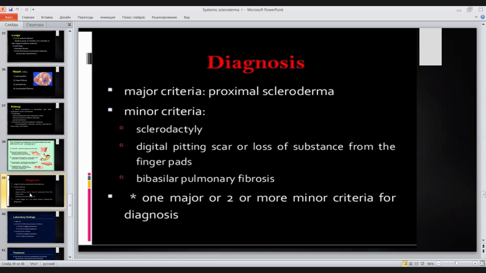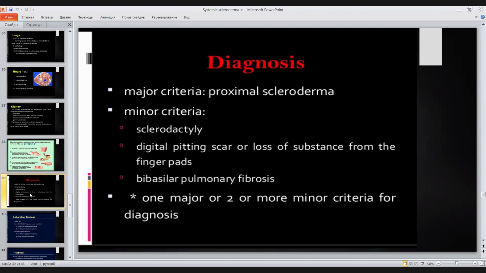Diffuse form. If you remember, the limited form affects the distal part of the body, the skin. Diffuse form affects the proximal part also. That's why if you find one major, you can be sure the patient has the diffuse form. If you can't find the major criterion, it means there is distal change or internal organ damage without proximal scleroderma, which means in 90% limited or visceral form.